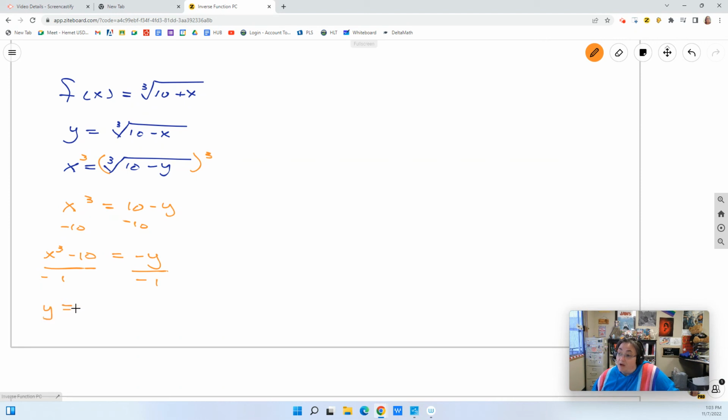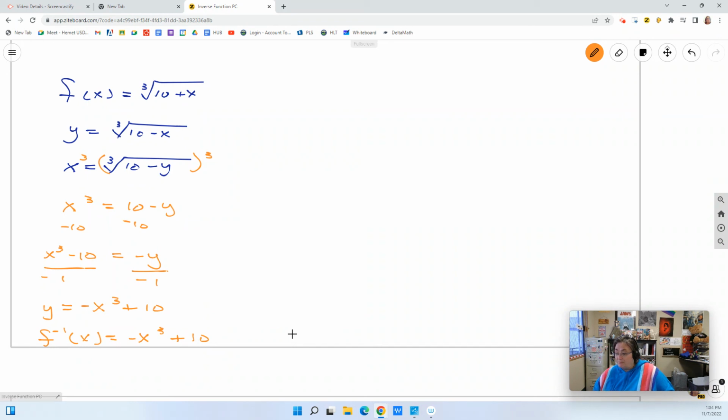So we're going to call this y equals negative x cubed plus 10. And that is my inverse. All we have to do now is write that as f inverse of x equals minus x cubed plus 10.